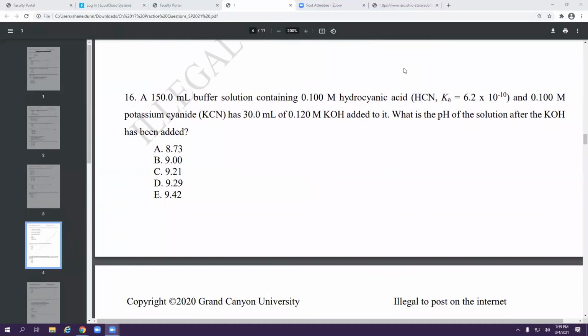Okay, 16. A buffer solution containing hydrocyanic acid and potassium cyanide, and then I add KOH to it. What is the pH after the KOH is added? So I'm adding what to my buffer? Which is a base, right? So KOH plus.